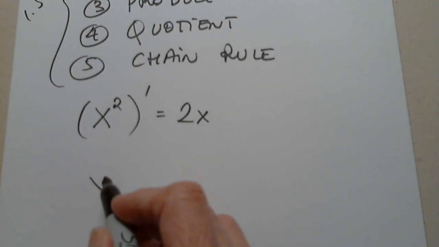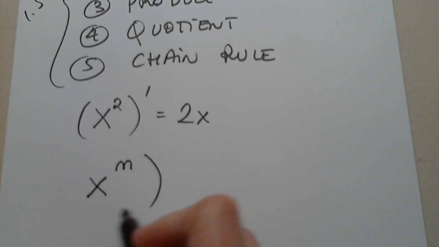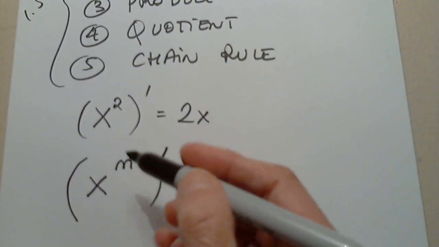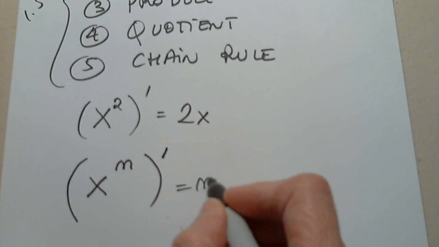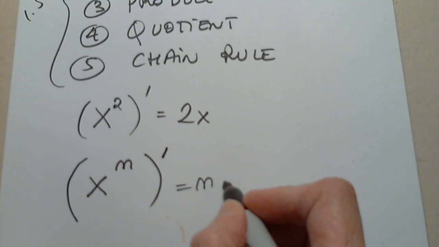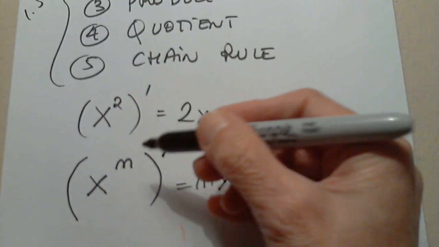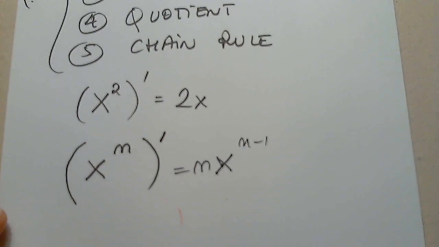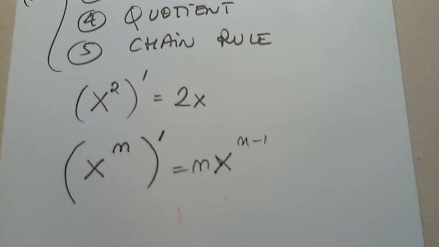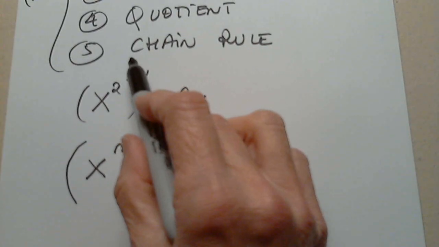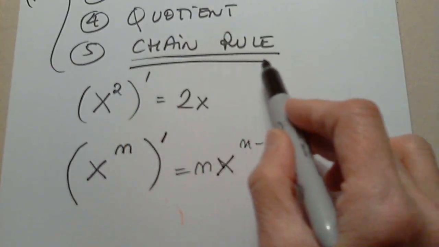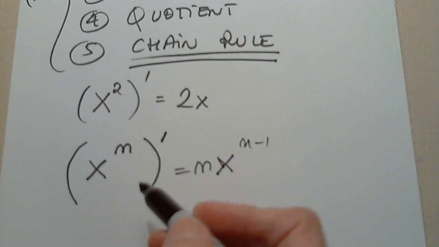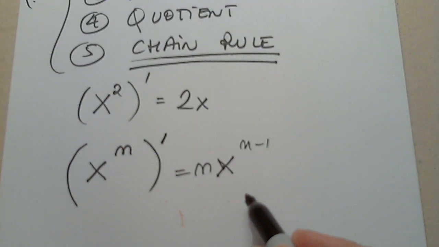Meaning, if we have x to the nth power and we want to differentiate this, all we have to do is bring down the power as a factor, which means we multiply, times x to the power n minus 1. This is the power rule. Nothing else. Now, when we get to the chain rule, I will mention something that has connection to this.